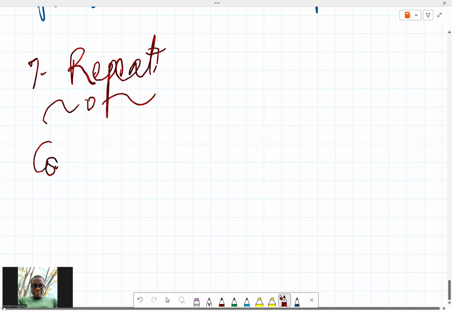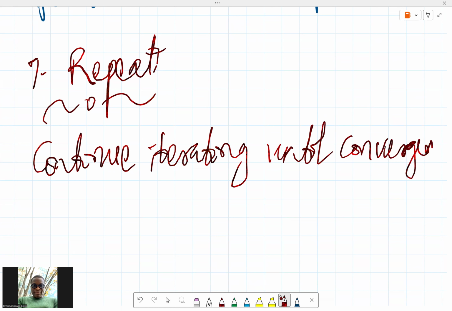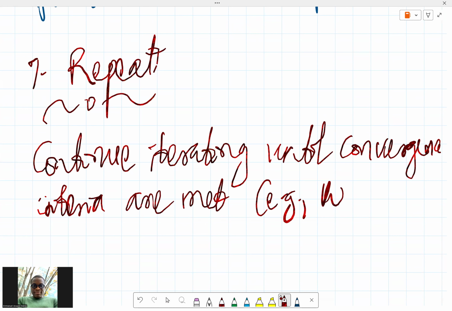So you continue iterating until convergence criteria are met. Part of the criteria could be that the difference in function values is sufficiently small.